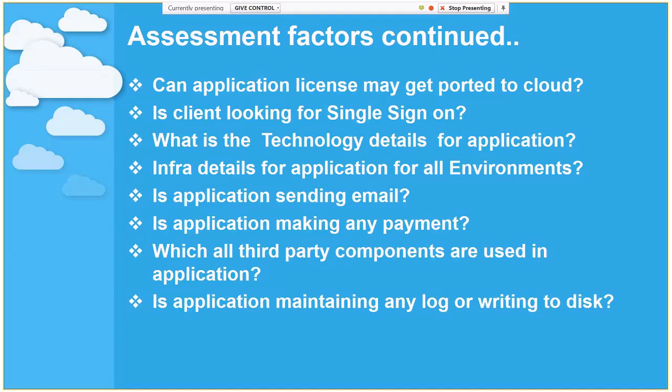So we split the questions into 3 parts: the first part goes to the business, the second to the technology, and the third to the support. When the correct question is routed to the correct persons, we get the proper answer. As our friend pointed out about the infra details, we ask what the database size is in each environment and how they plan to grow it.